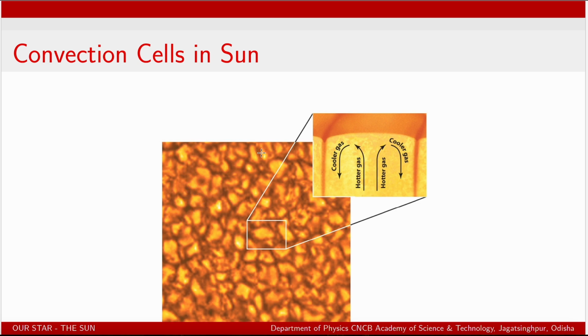So the surface of the sun has a mosaic of these cells. This is a top view, and if you go inside and have a transverse view, the picture is quite clear. This is the top, and the hot gas or plasma is rising, it cools down, and it comes down again at the edges. Here also the same thing is happening.